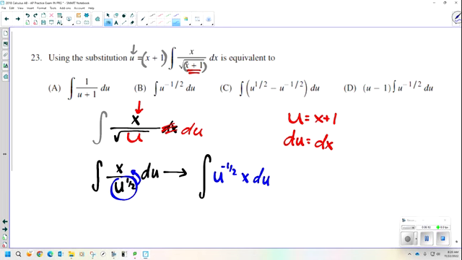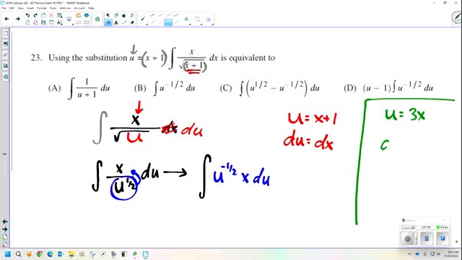Normally, when I do u substitution, and this has nothing to do with the problem I'm doing now, it's just a little side example: if u equals 3x, then du would equal 3 dx, but I only had dx to substitute out for. We're used to doing this. You ready?